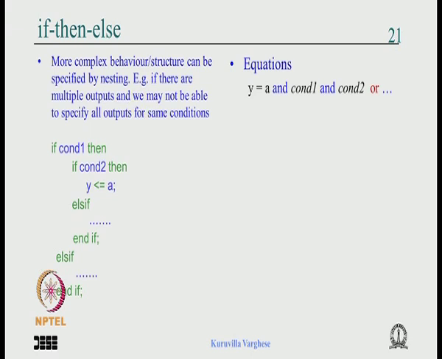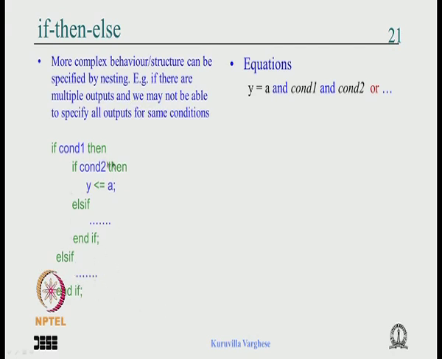Suppose, like in the case of multiple outputs, we will not have the same conditions satisfying all the outputs. So you could have it like this: if condition 1 then maybe Z is written here something, then you say if condition 2 then Y gets A, else Y gets B, end if, then else if condition 3 or 4, and so on.